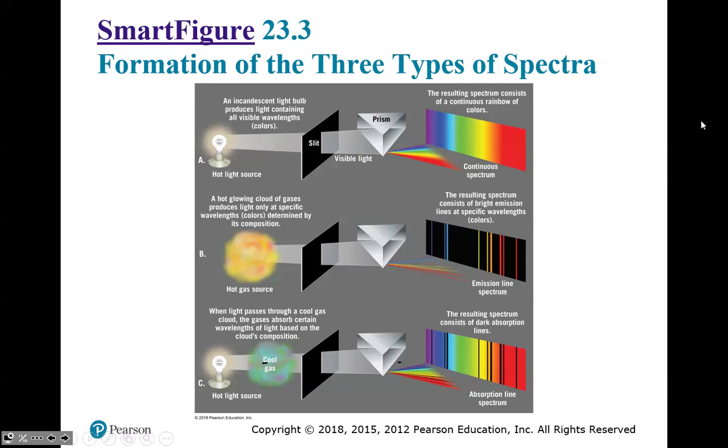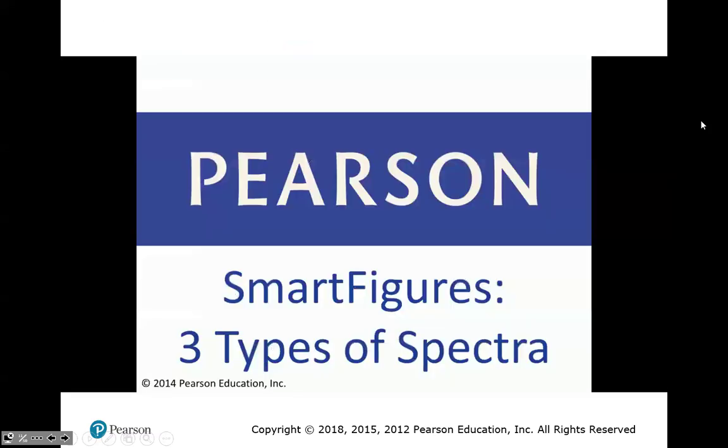But the continuous spectrum primarily tells you temperature. Emission and absorption spectra tell you what stuff is made of. You can get a bunch of other information as well, because you can also use it to figure out whether that thing is moving through the Doppler effect and other properties. So here is a short video about the three types of spectra.